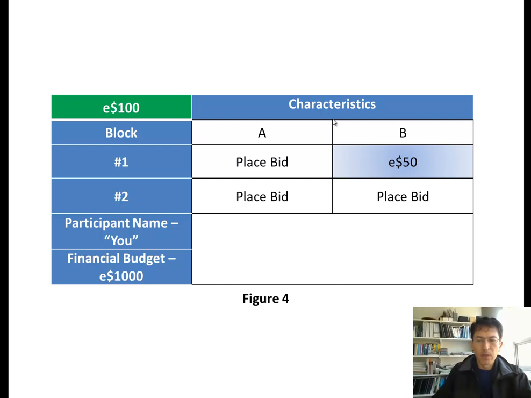For example, in Figure 4, following an increase in the block price from $50 to $100, the activated bid button for block number 1, characteristic B, shows that your highest bid for that block is $50.